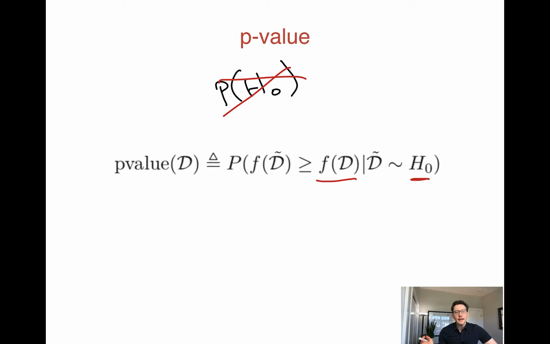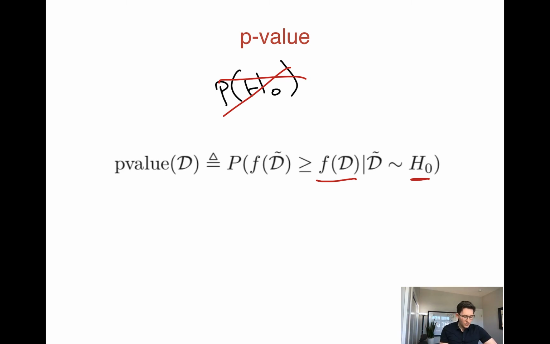So one mistake that's made very often in practice is people say something like a p-value is the probability that the null hypothesis is false. Now hopefully you can understand why a frequentist would never say something like that, because again, you're not allowed to say what's the probability of something that truly exists in the world.